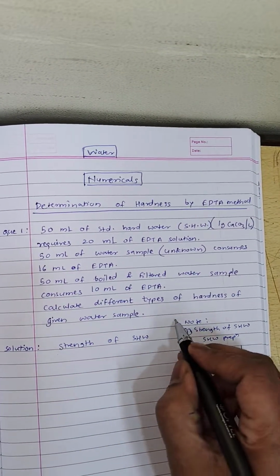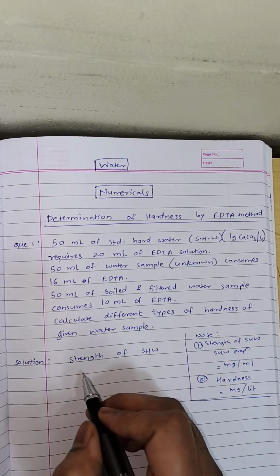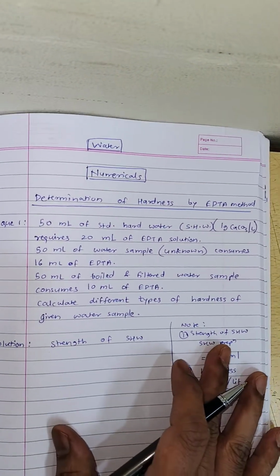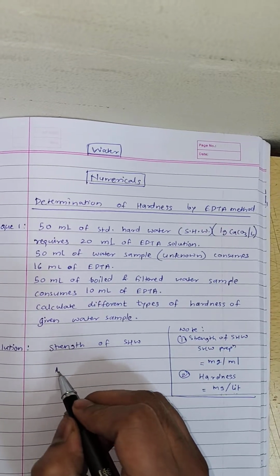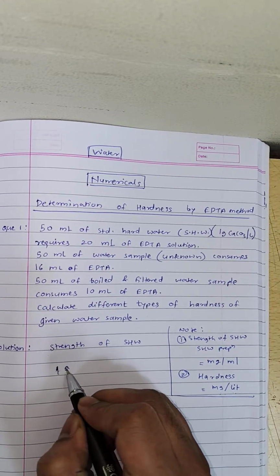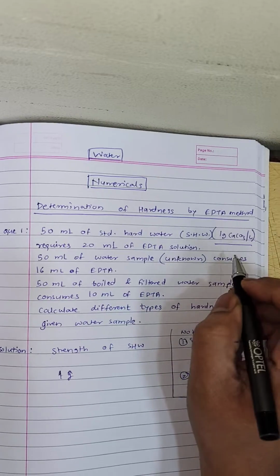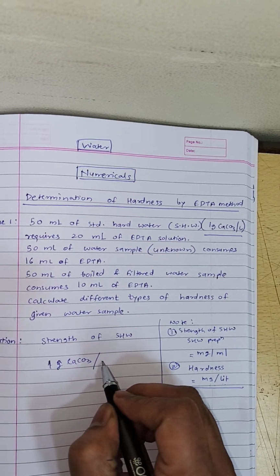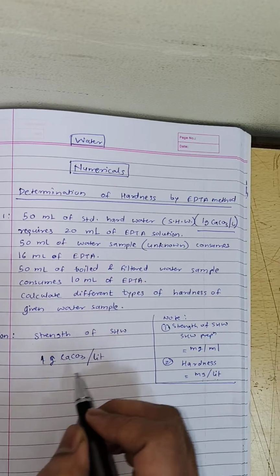Now this is a note, no need to write it in the exam. So the strength of the SHW, what they have given, is 1 gram CaCO3 per liter.